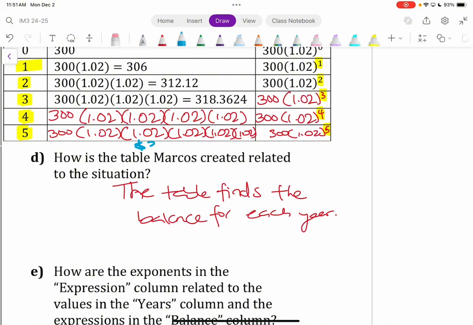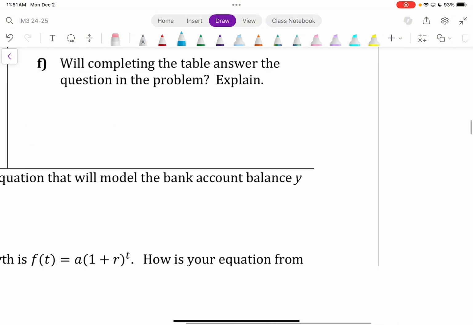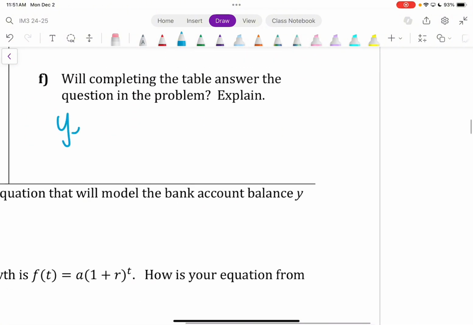The answer is 331.22. You would have got that solution had you multiplied 300 times 1.02 to the 5th. All right. So yes, it does answer the question. Whatever you guys chose to do as your explanation, I'll just leave that up to you guys.